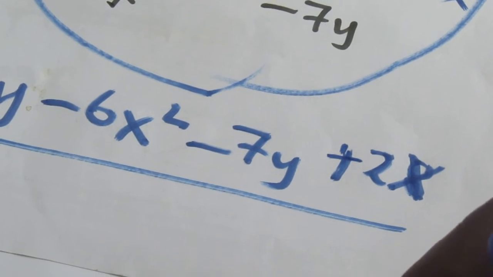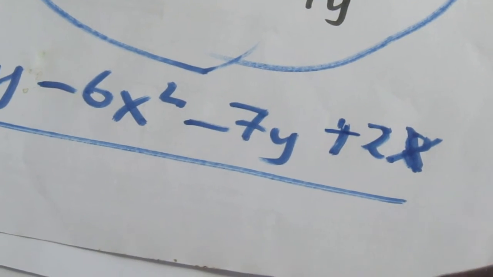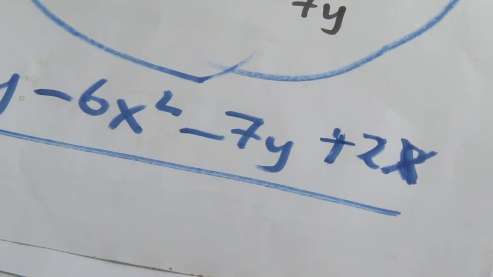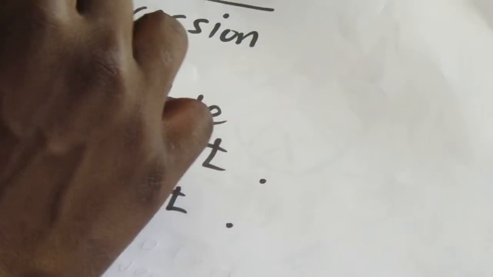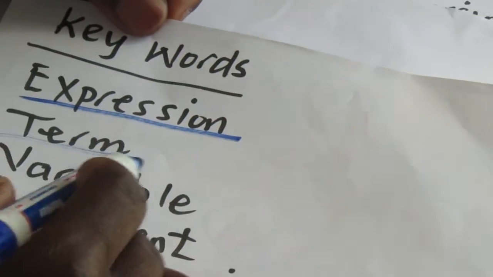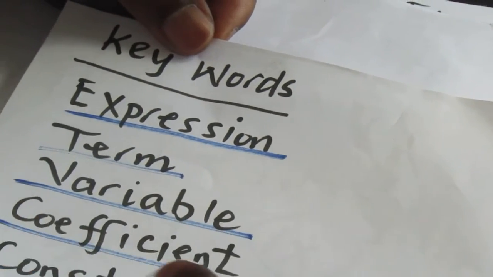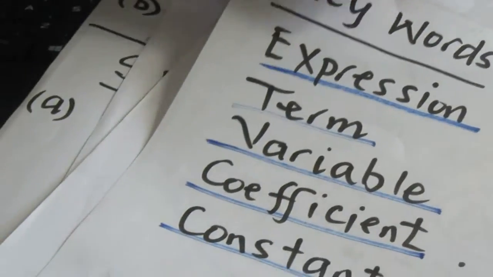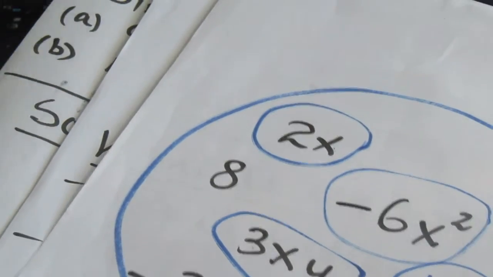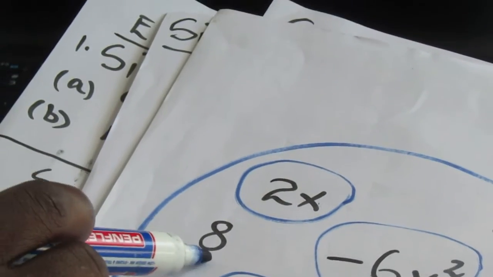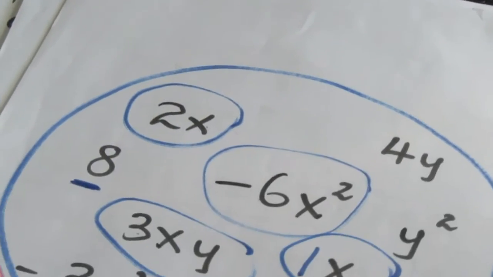Right, but before, let us just quickly take a recap of what we have recently covered. One must be familiar with these key terms: what an expression is, what a term is, what a variable is, what a coefficient is, and what a constant is. I haven't said anything about a constant, but if we check in this pool, we can see that 8 doesn't have a variable.